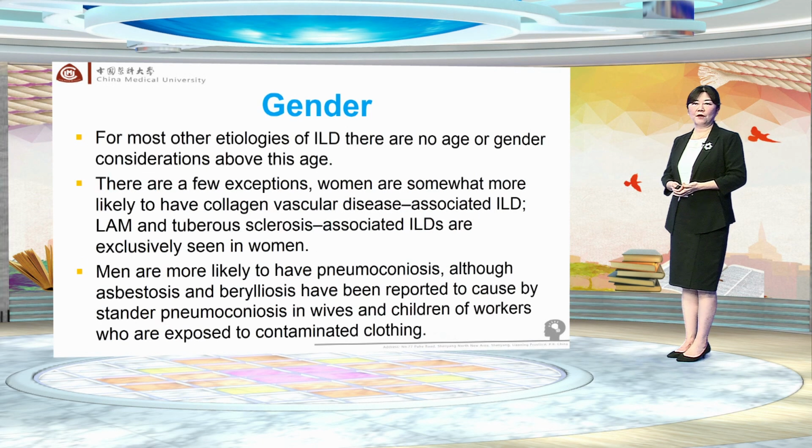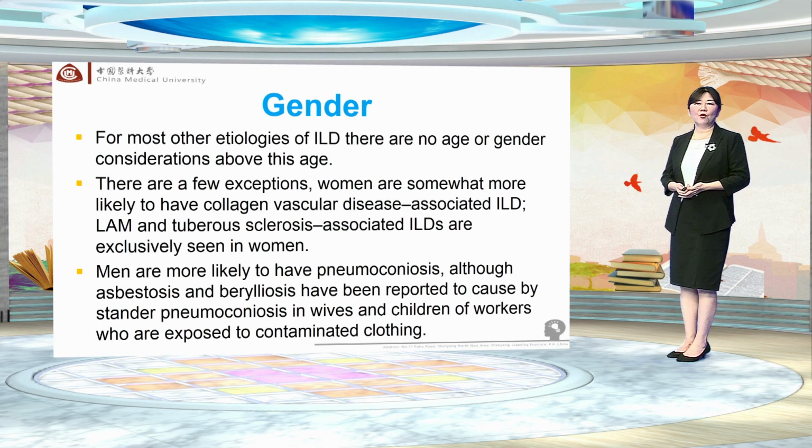For gender, for most other etiologies of ILD there is no gender consideration, but there are a few exceptions. Women are somewhat more likely to have collagen vascular disease-associated ILD and LAM, and tuberous sclerosis-associated ILD is almost exclusively seen in women.